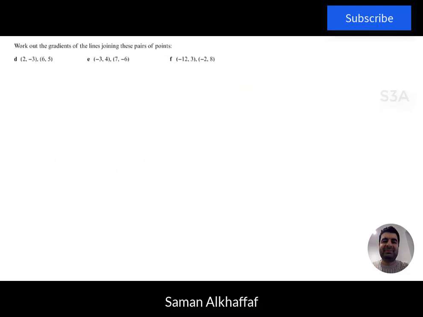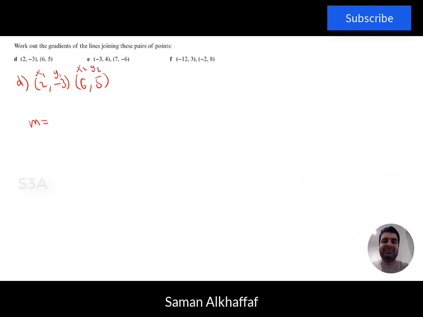In this example, we're asked to find the gradients of the lines joining these two pairs of points. We'll start with part A: (2, -3) and (6, 5). So we have x1, y1, x2, y2.